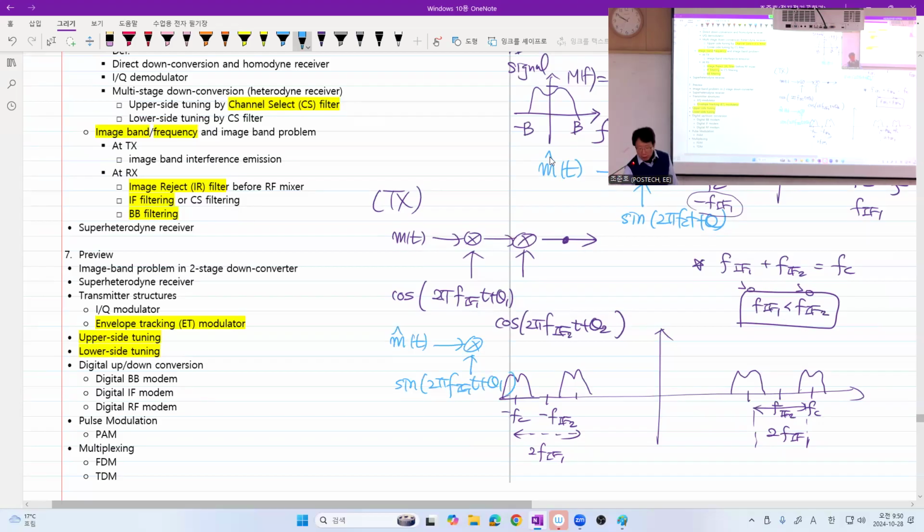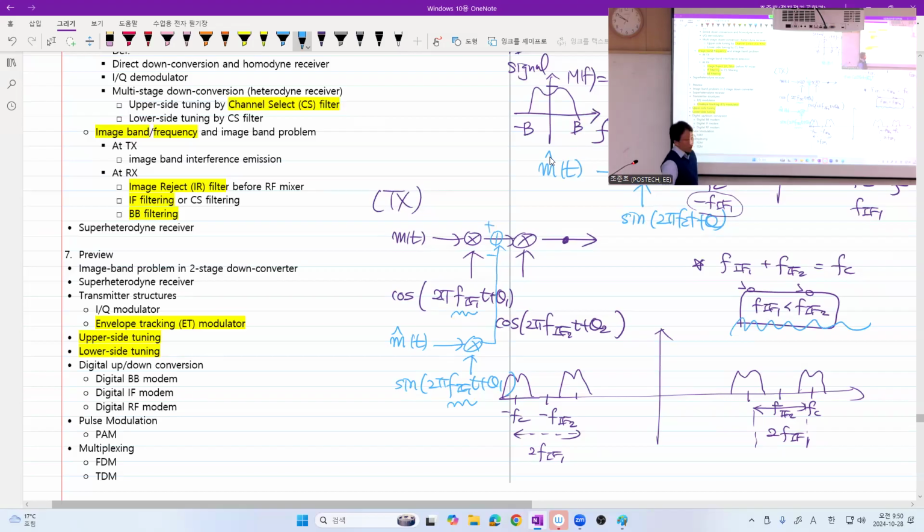So probably you want to choose the first local oscillator's frequency lower than the second local oscillator's frequency. Something like this. Got it? So this assumption of intermediate frequency 1 less than intermediate frequency 2 may be okay. However, it's not always. You will see some examples in the exam.